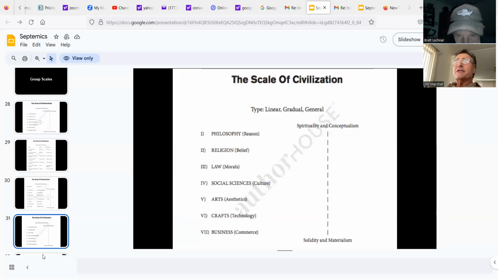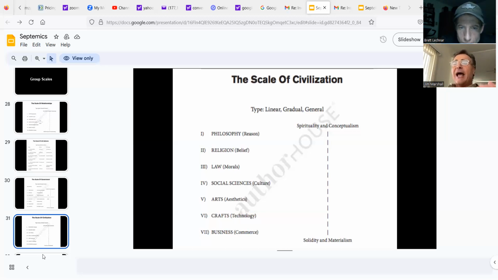So culture is the way people do things, and that is what we study in the social sciences. Until you have law, you cannot have social sciences. You have no standard against which to see if it's a culture or not. So a culture always has laws, necessarily.